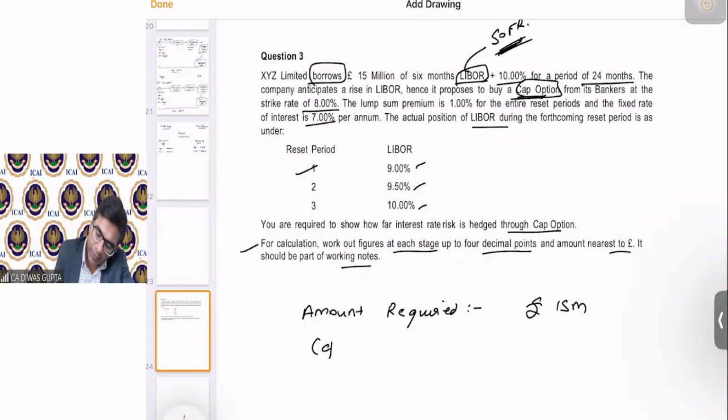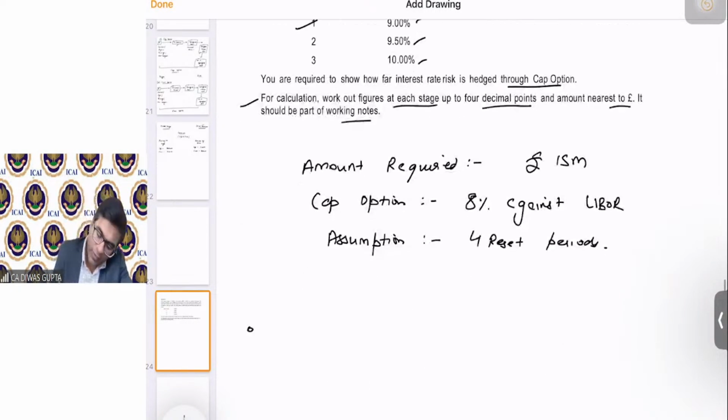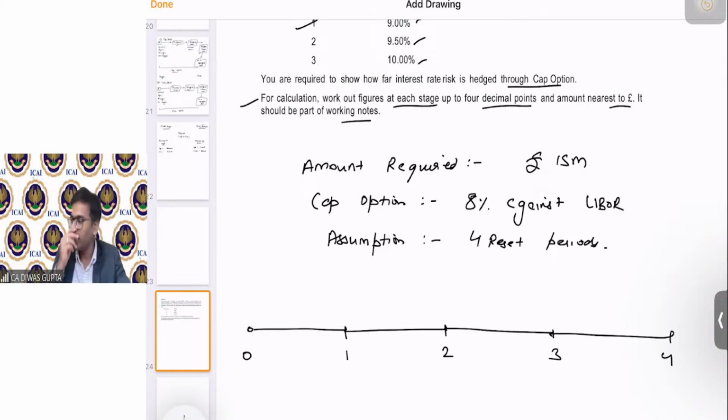So the cap option is 8% against LIBOR, correct? That is given. And we are assuming that there are 4 reset periods of 6 months each, correct? So let's say we are standing at 0, first reset period, second reset period, third reset period, and fourth reset period.